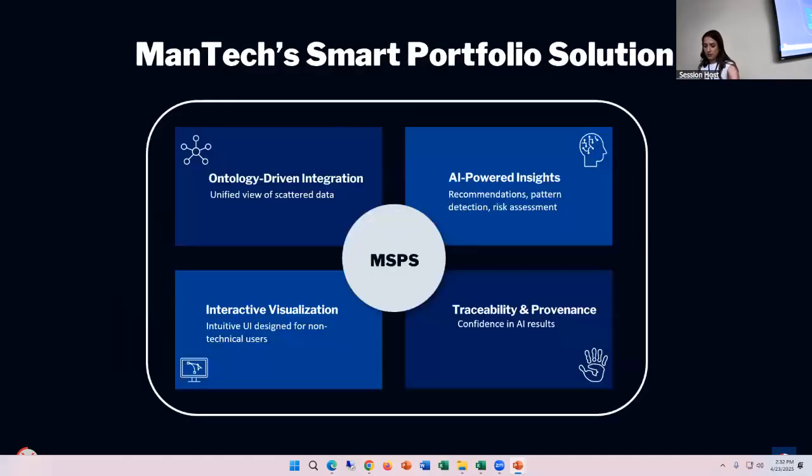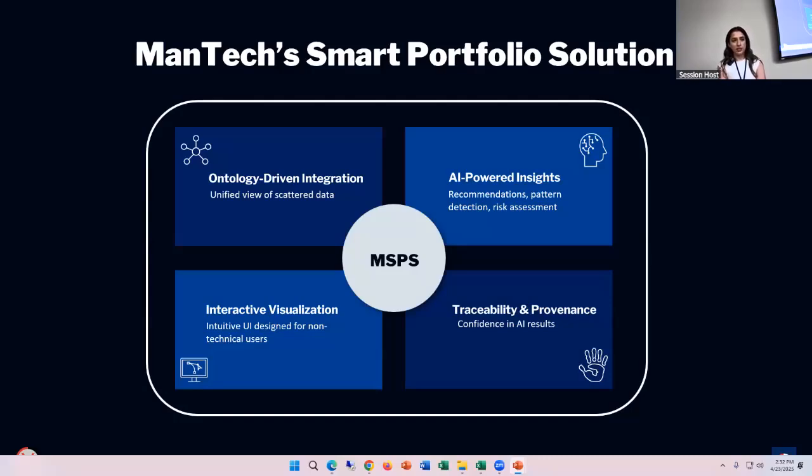So this brings us to the ManTech Smart Portfolio Solution, or MSPS for short. MSPS is designed to address these exact challenges. MSPS is an analytical platform built for portfolio analysis that leverages both AI and an ontologically backed digital thread.